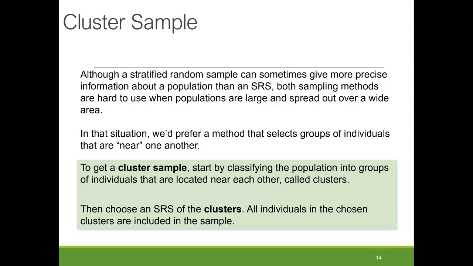So you start by clustering individuals based on geography, things that are located near to each other, and then do a simple random sample inside of those. So instead of having to travel all over Michigan trying to track down your individuals, it's like, well, we're going to take east side urban and east side suburban, east side rural, west side suburban, west side rural, and we're just going to survey some people from a Grand Rapids neighborhood.